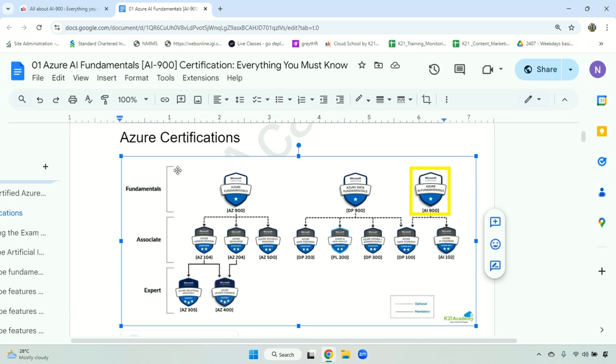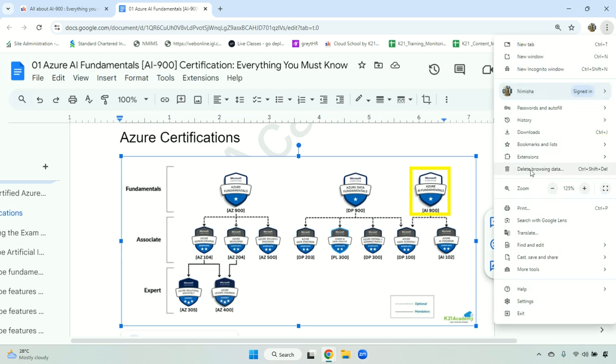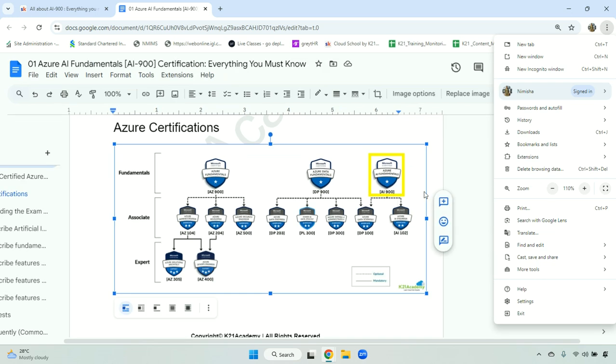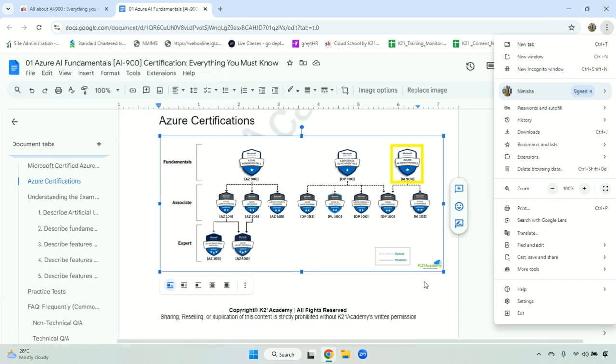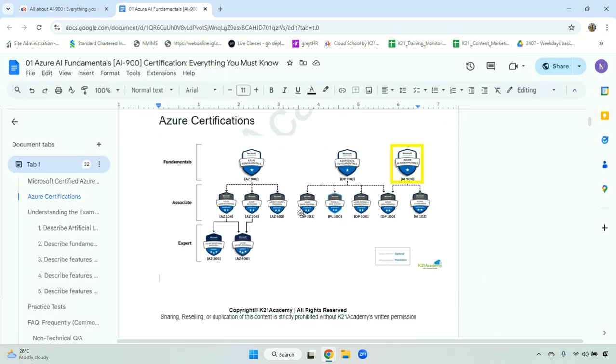In those cases you get access to these 4 courses. Other than that, as I said, to start with, this is a good course, and AI 900 is also a certified course. So let's talk more about this AI 900. In this particular document, we will talk more about AI 900.